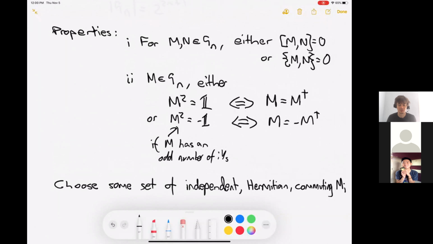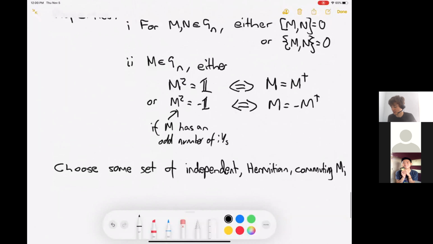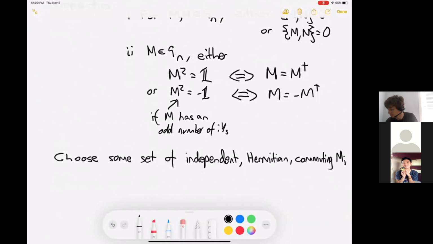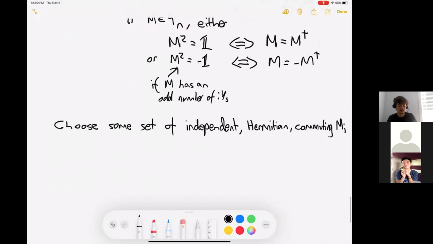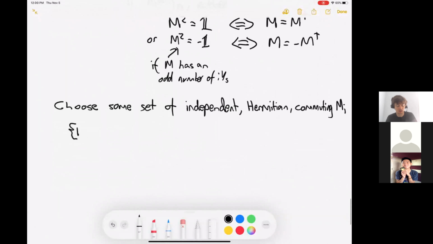Oh, yeah. Okay, thanks. Sorry. Cool. No, good question. Okay, so this set of M_i generate an Abelian subgroup of G_n.